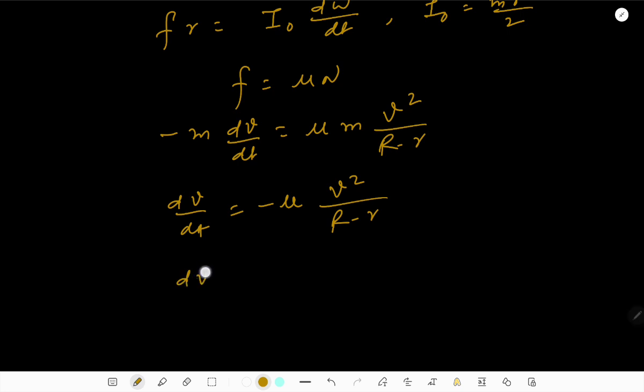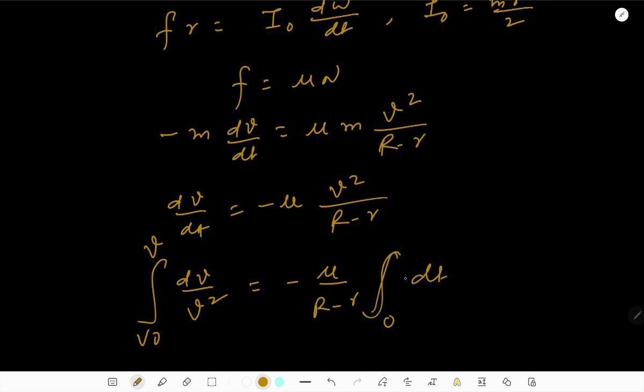This is nothing but dv by v square, and its initial velocity was given as v naught, and at any time t its velocity is v. So I'm going to put on the limits, and it is equal to minus mu divided by (R minus r) times dt. Then the time starts from 0 and goes to any time t.